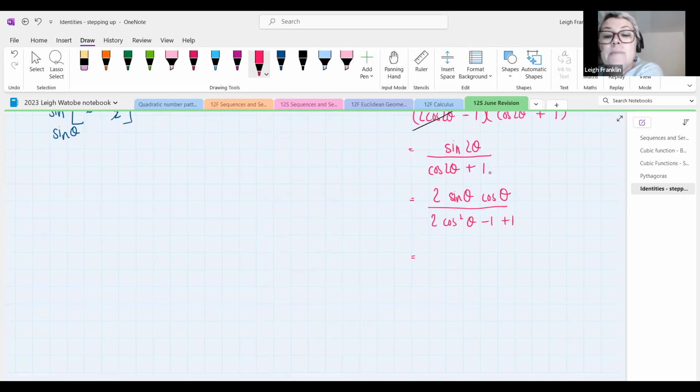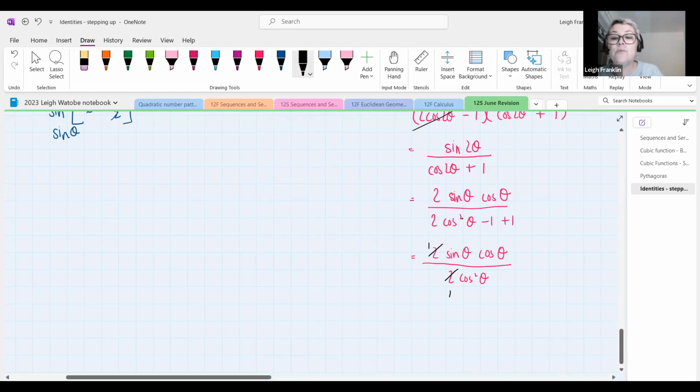So now finally, we've got 2 sine theta cos theta. In the denominator, we have 2 cos squared theta. We only have one term at the top, one term at the bottom. We're not cancelling terms. 2 divided by 2 is 1.